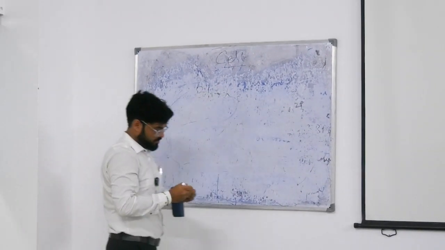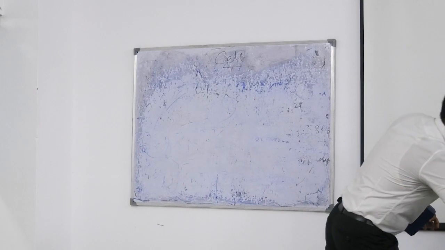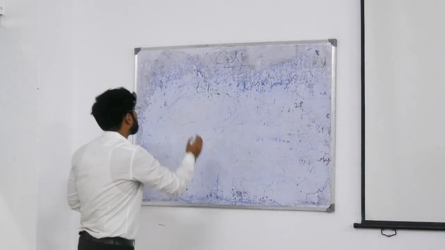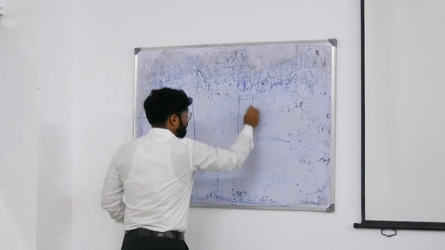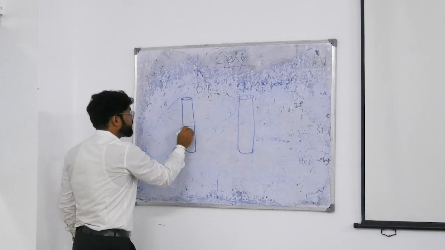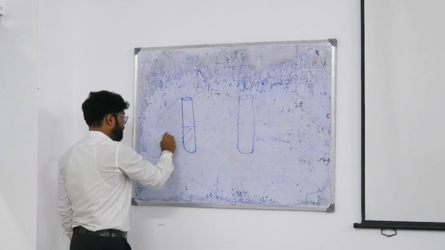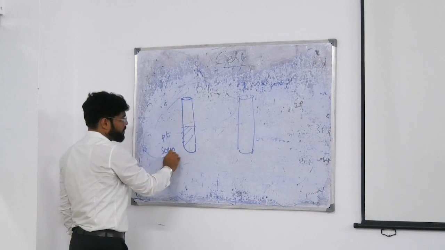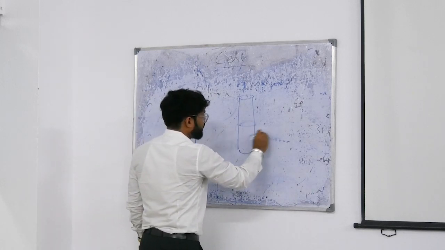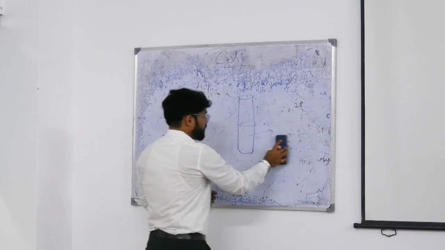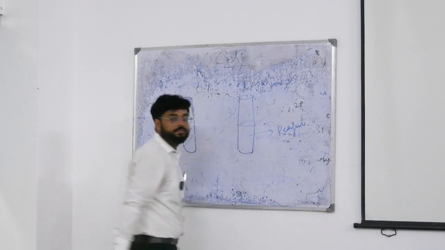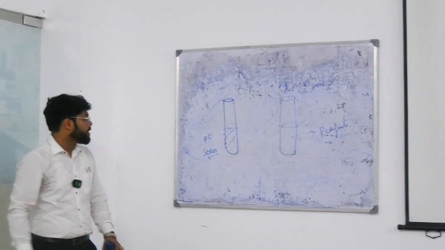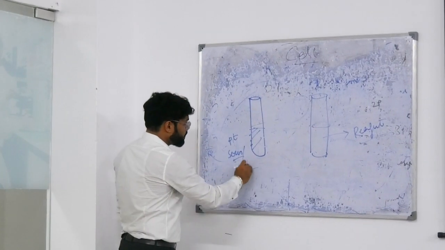Test tubes. There are two test tubes. One is having patient serum, another having reagent. Patient serum অথবা RBC.